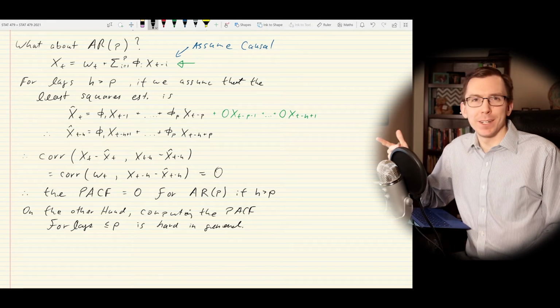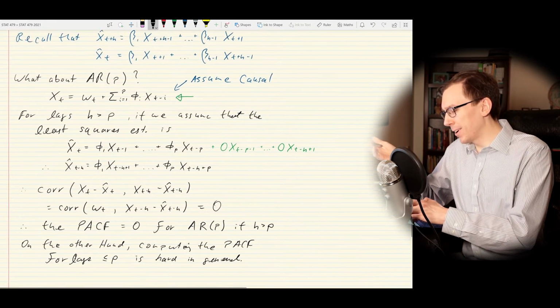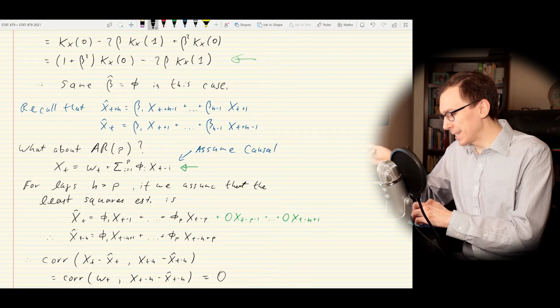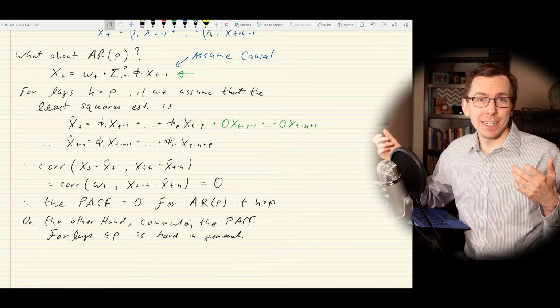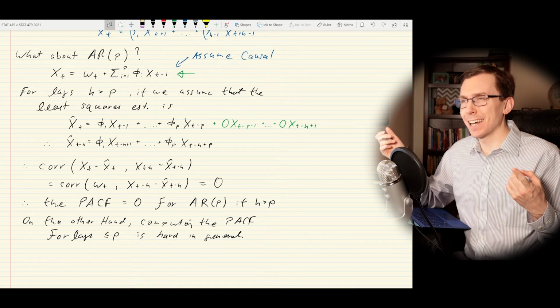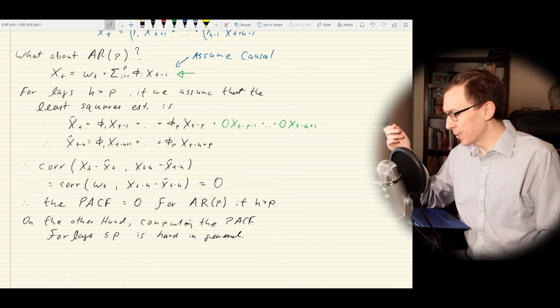So it's not something that we're going to do, unlike last time in the AR(1) case where I actually explicitly computed what the partial autocorrelation is at lag 1. Well, that's kind of trivial anyway, because it's just going to be the autocorrelation at lag 1.